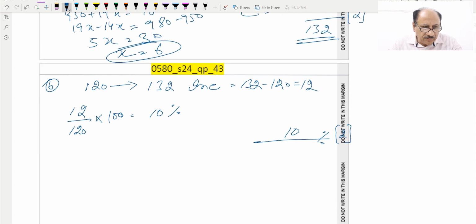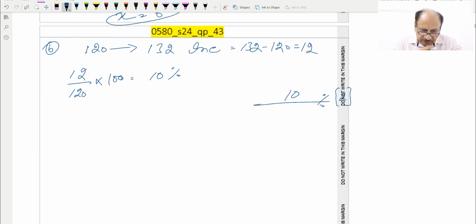Now for this next B part, this is saying the population of the village is 2,500. The population is decreasing exponentially at the rate of 3%. So the decrease is 3% per year.